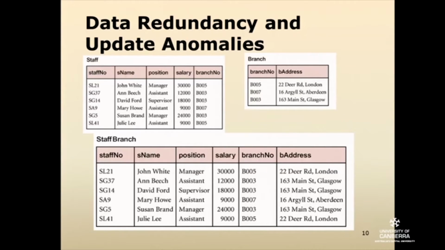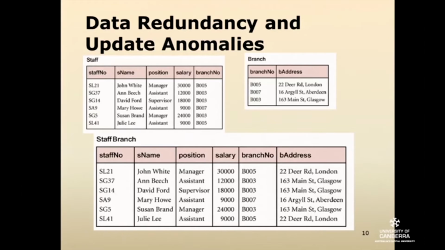So have a look again. John White in here works in B005. Also Julie Lee, the last row in this table, works also in the branch B005. Now the address of the branch B005 is 22 Dearest Road, London.